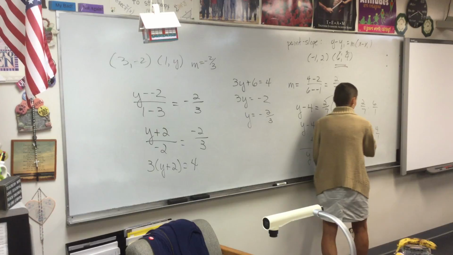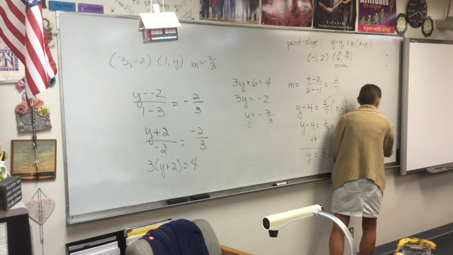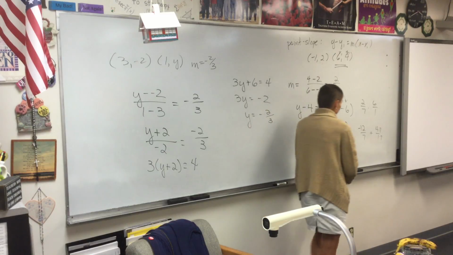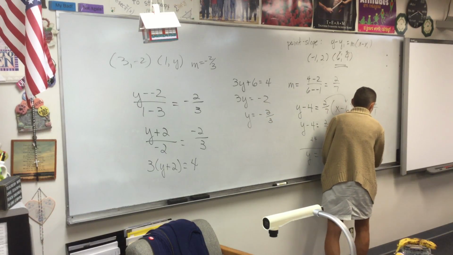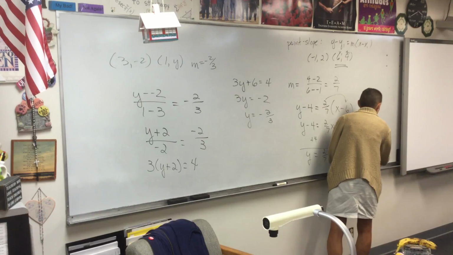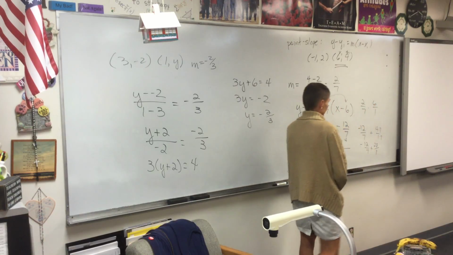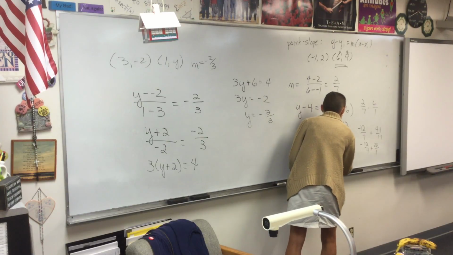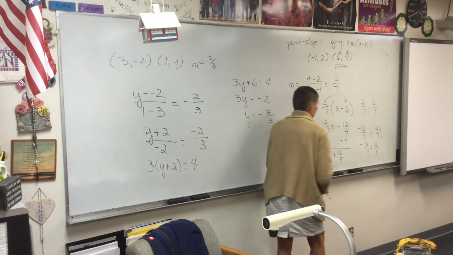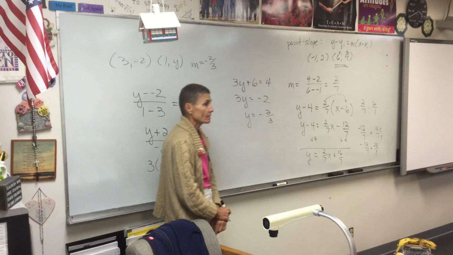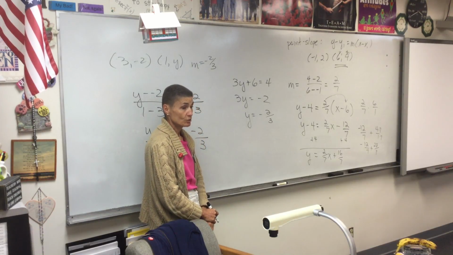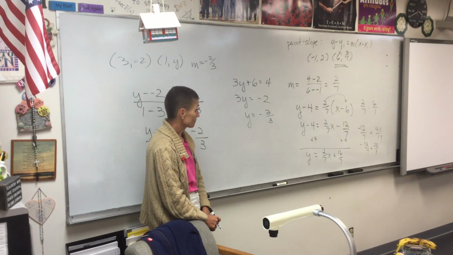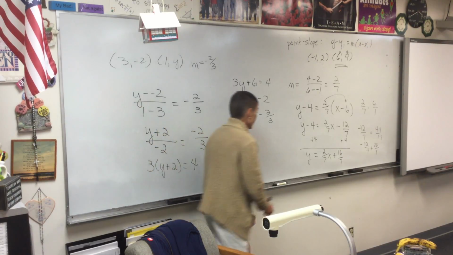So the common denominator will be 7, so I gotta times that by 7. So I have negative 12/7 and 28/7. 16/7 is what I get when I add them together. Now you all know how to do that. You just have to slow down and do it step by step. And we're done.